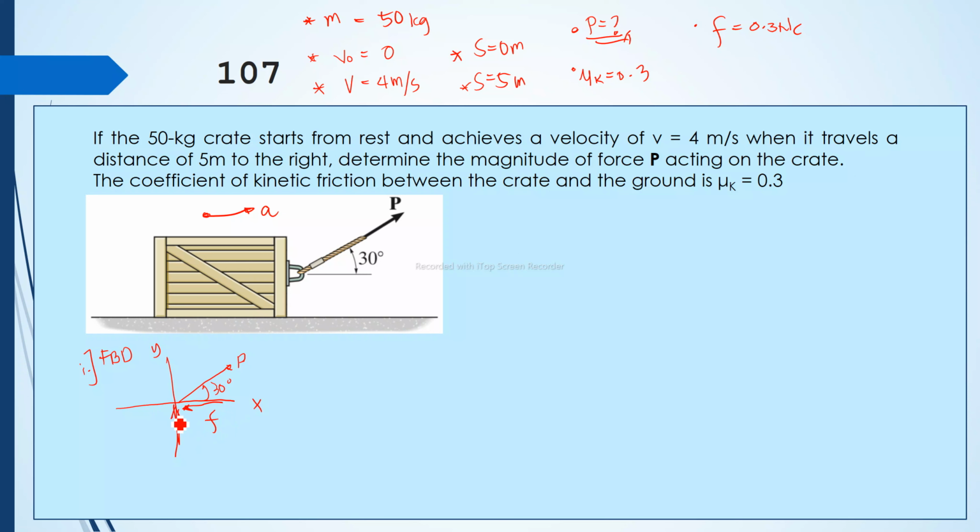We have a normal force N here, and then we also have our weight. Our weight is just 50 kilograms times 9.81, which is equal to 490.5 newtons.